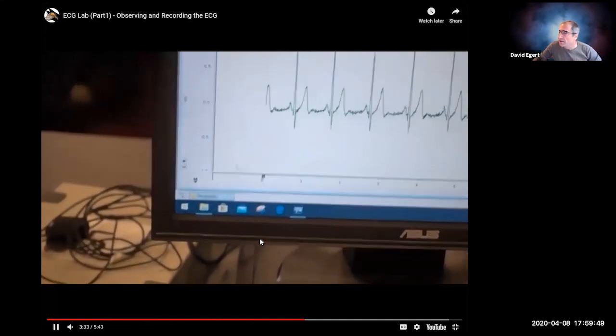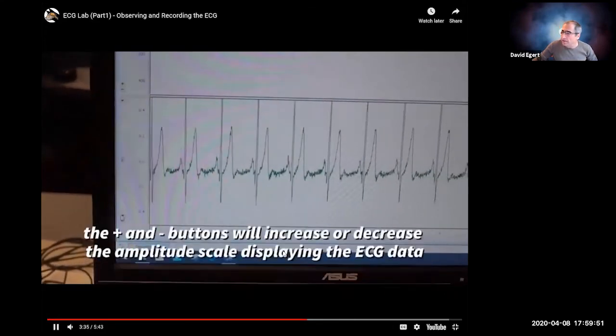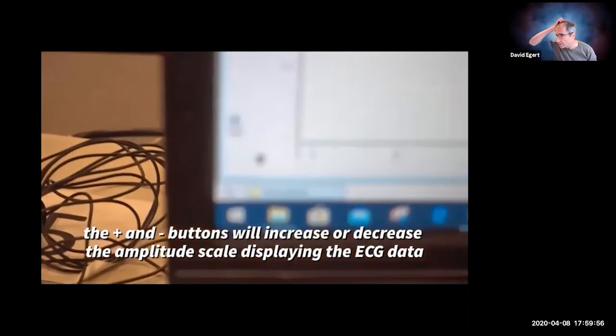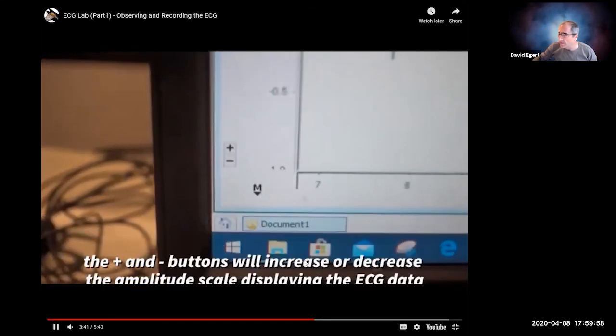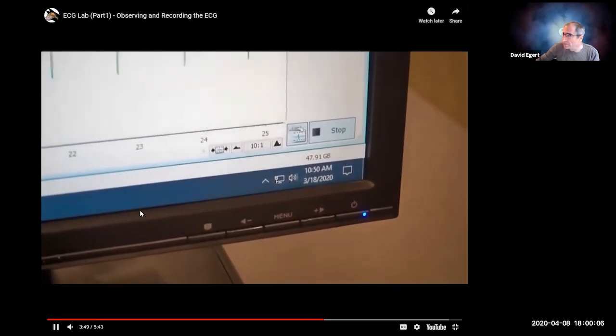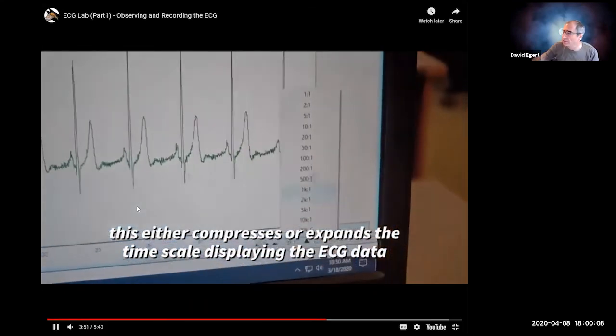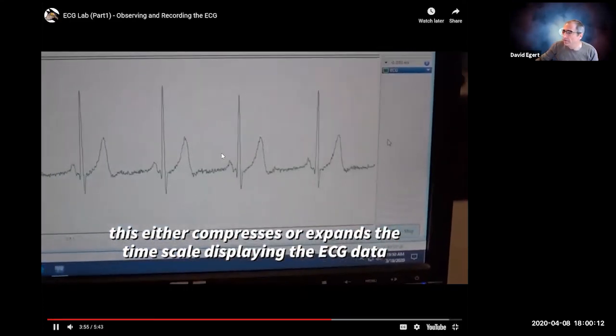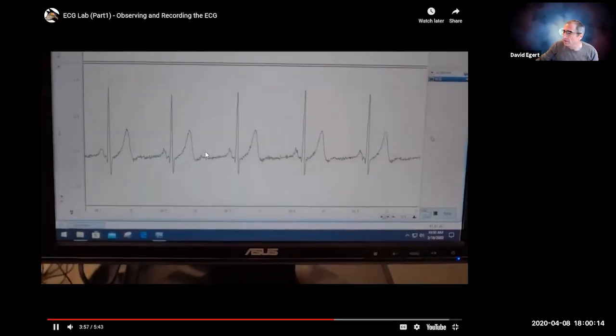You can increase or decrease the size, oh, too big, with that little plus minus there on the left side. And then we can change, instead of 10 to 1, maybe go to 5 to 1 to spread it out a little more. It's kind of pretty. So there we got a beautiful PQ.